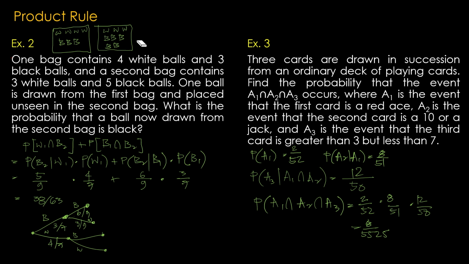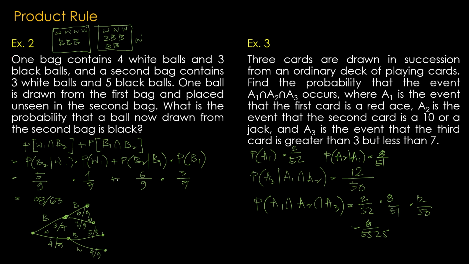If you've drawn white from the first draw, the probability of drawing black in the second draw given that you've drawn white in the first draw would be 5 over 9. And if you draw white, that would be 4 over 9.